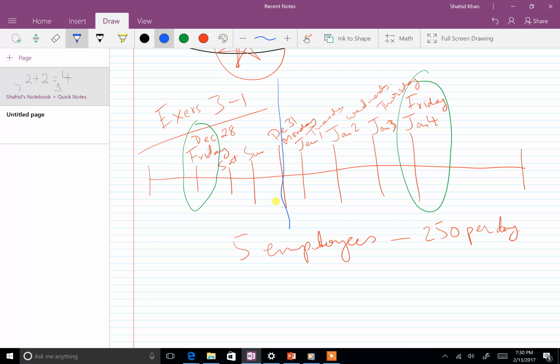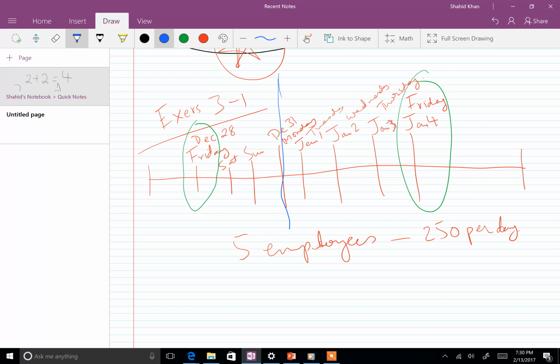Okay, so remember time period: revenues and expenses in their own time period, and then January starts. So these employees were working on December 28th. They got paid because the salaries are paid every Friday. Then you have Saturday and Sunday, a weekend, and December 31st, which is Monday, and these employees worked on that one day.